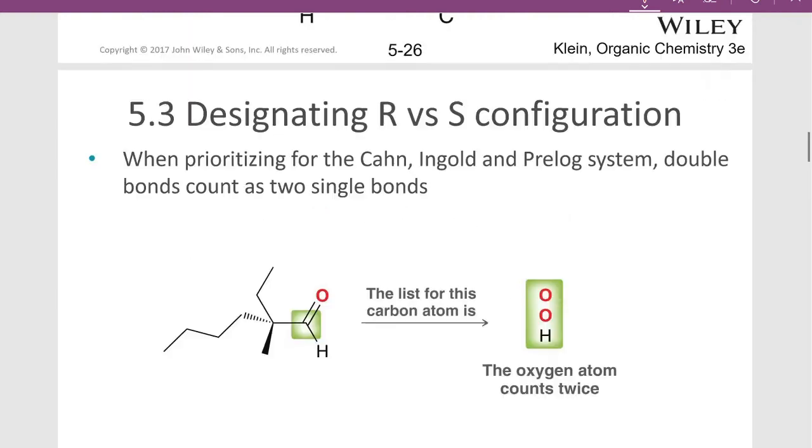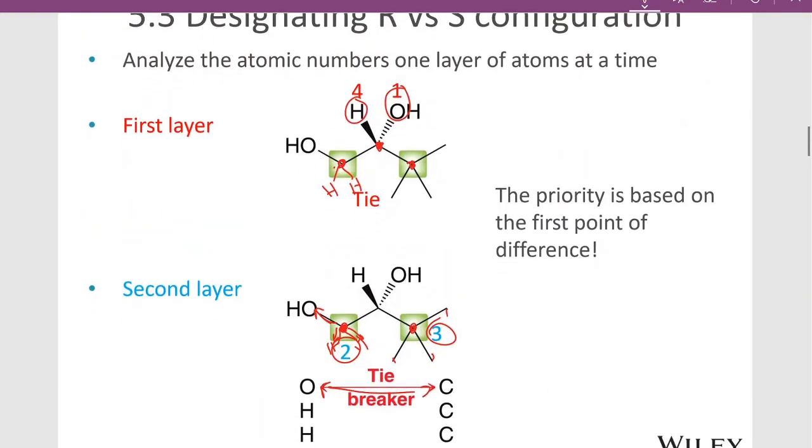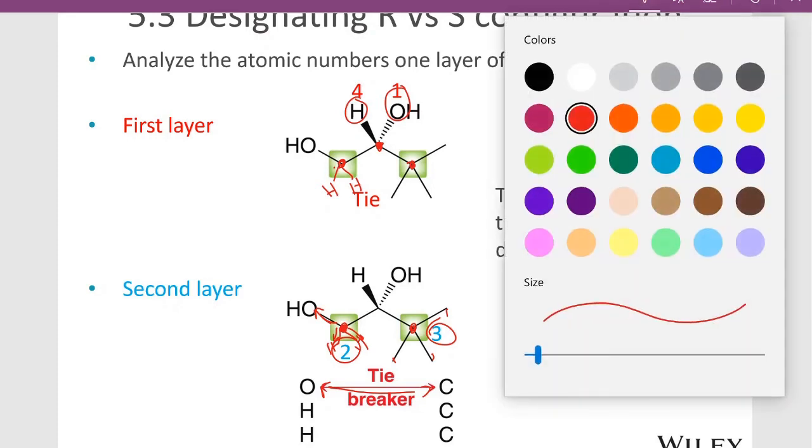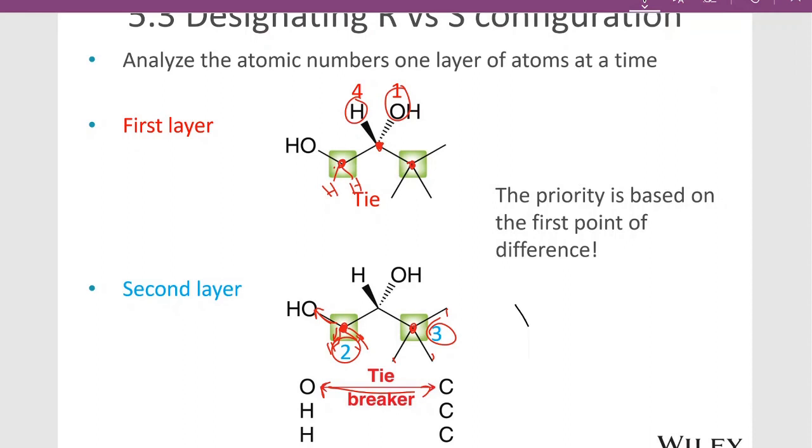Alright, and did we do R versus S here? We did not. So what are we going to do? Again, our hydrogen's coming out at us, so we've got to flip this molecule over, which is much easier if you have a model kit. Let's go ahead and flip it over. Now our hydrogen's going to be going back.